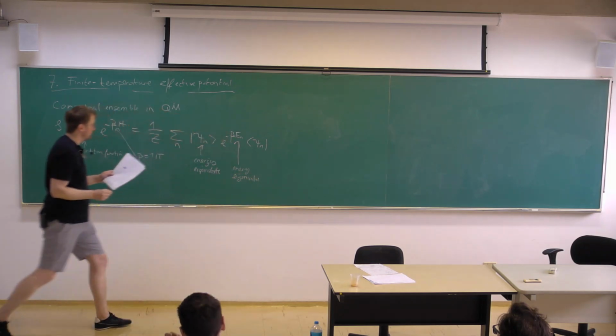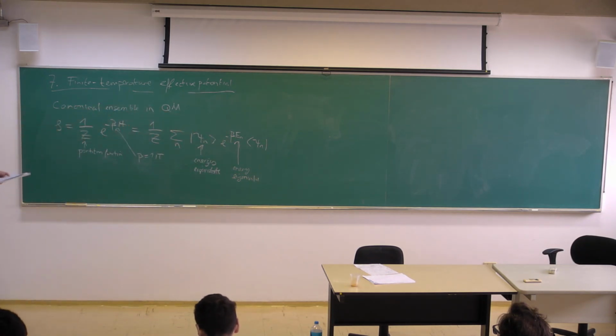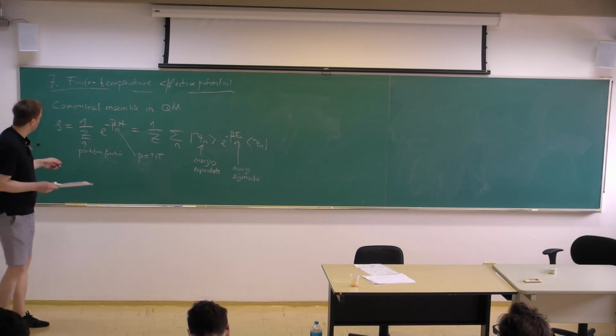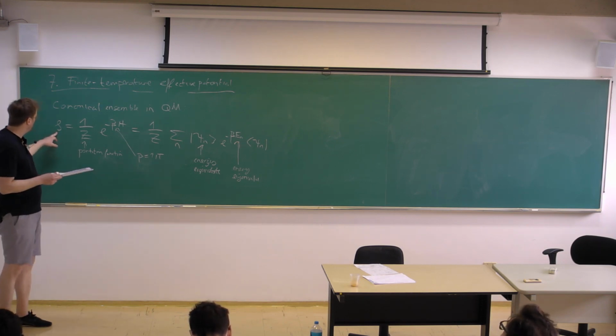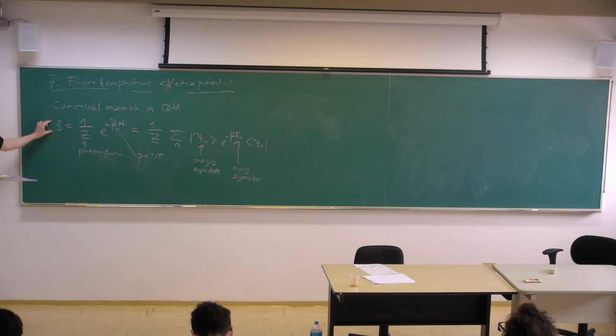Okay, so this density matrix is normalized such that the trace of this object is 1. And this is what determines the partition function.